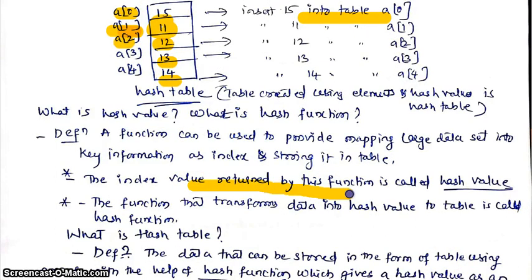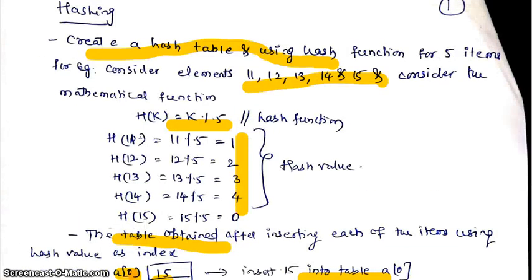The index value returned by this function is called the hash value. These indexes are the hash values. The function that transforms data into a hash value is called a hash function. Here we are using the modulo function, and these indexed values are the hash values: 1, 2, 3, 4.